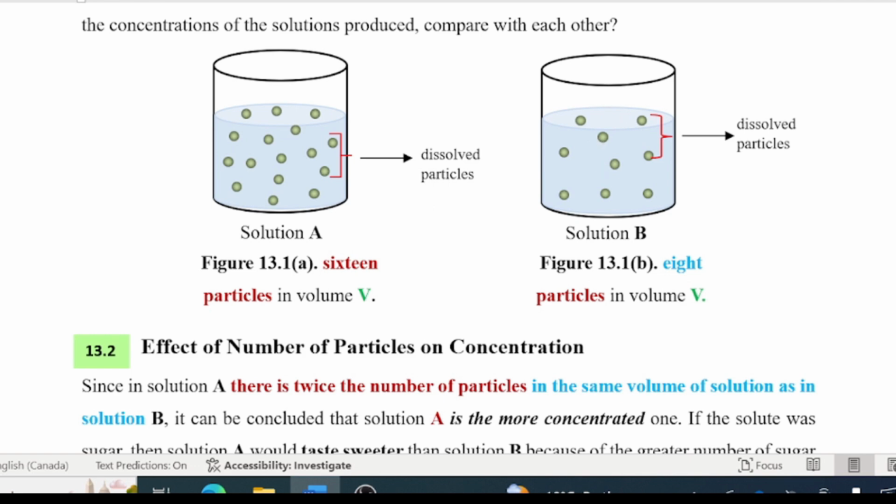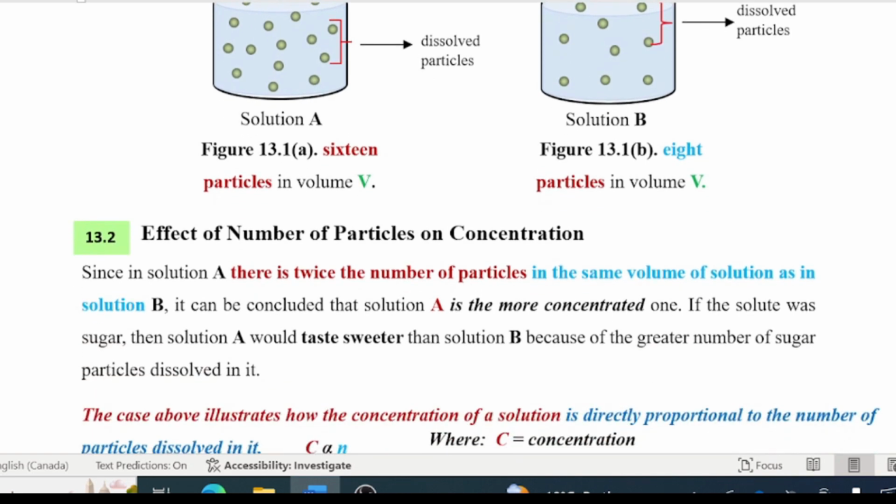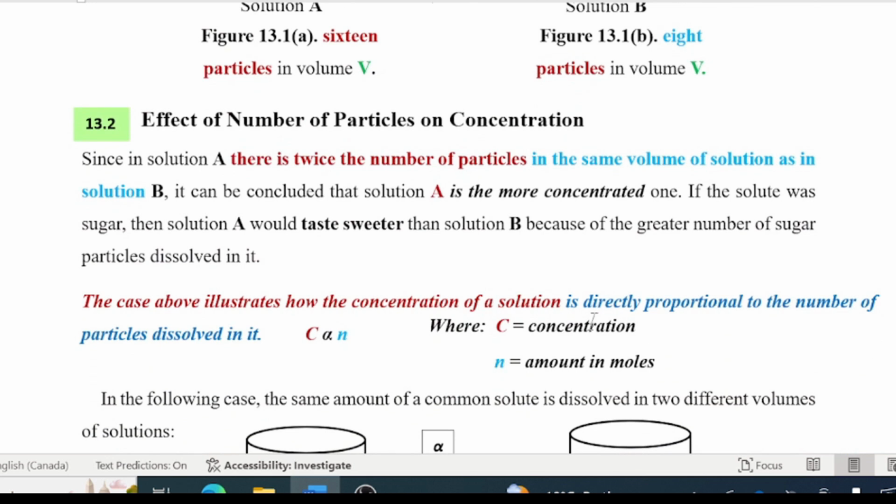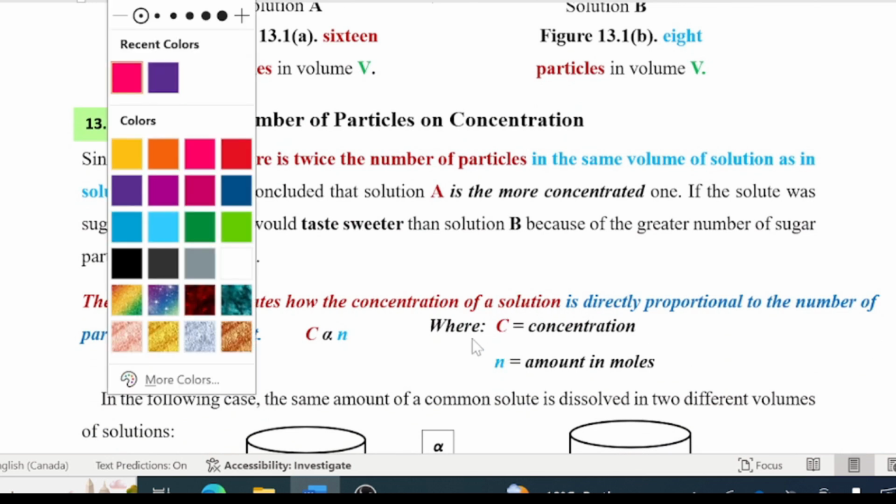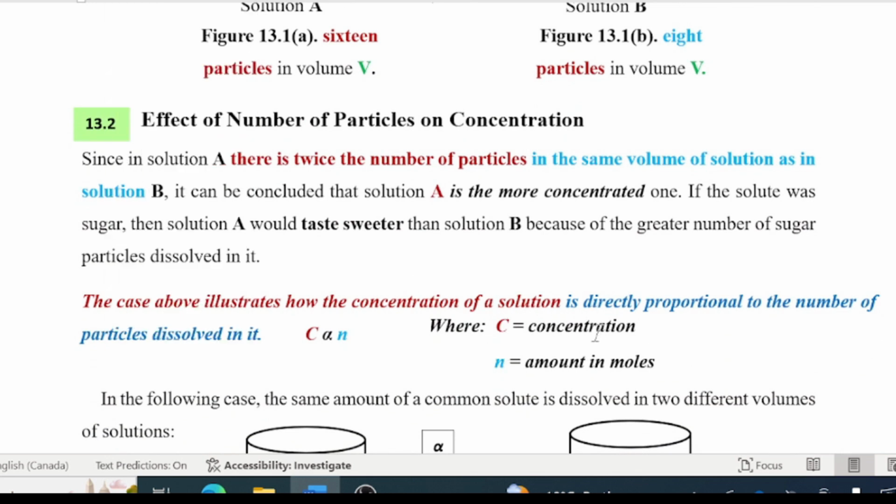So the conclusion that we'll make is that the concentration C, we'll use C to represent concentration, and the number of particles is related to this number of moles. So there's a direct relationship between the concentration of a solution and the number of moles of particles that are dissolved in a certain volume of solution.